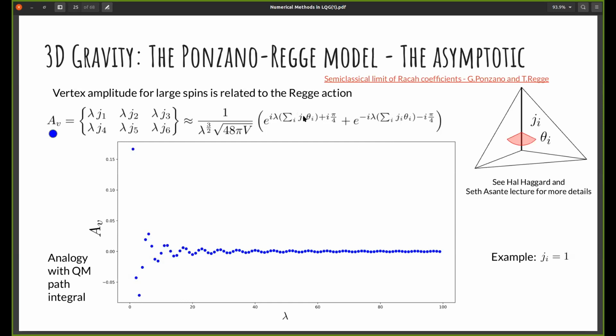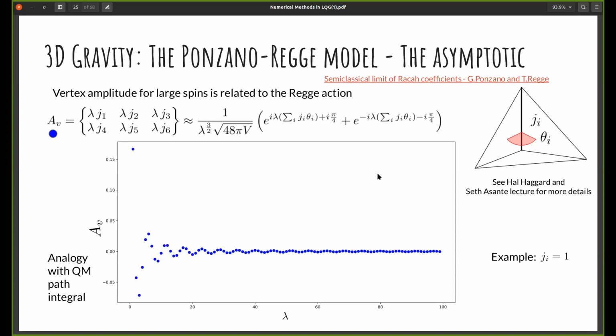So it's the sum of the lengths, so the spins, times the associated dihedral angle. So it's the angle between the two triangles sharing that particular edge. And then there's a phase factor that is pi over 4.